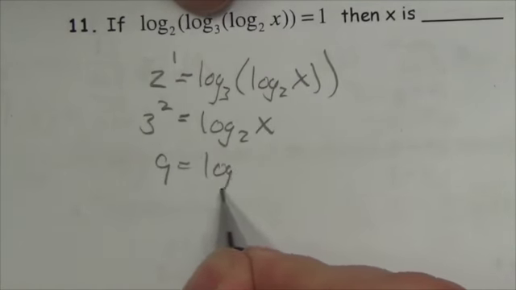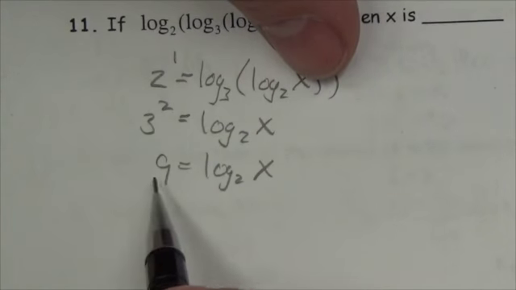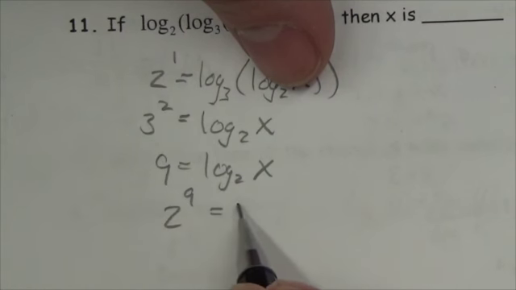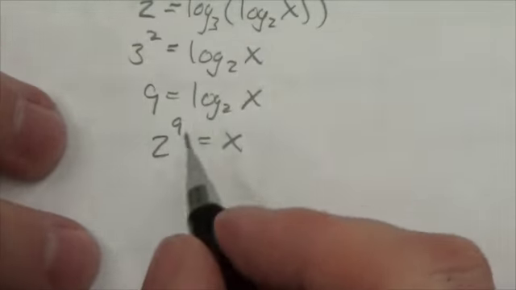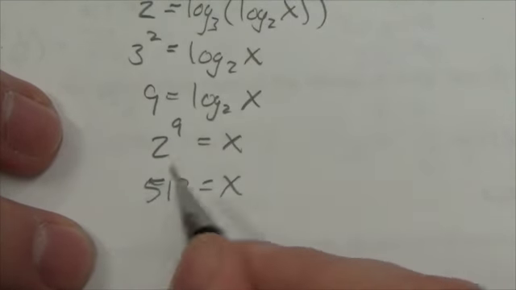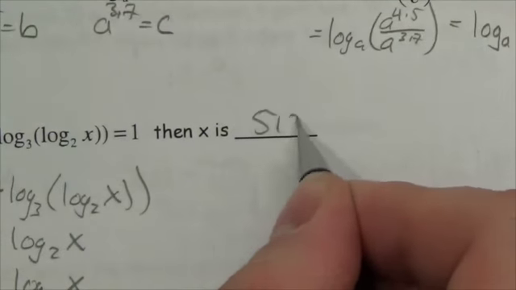Let's just write it like that so it's a little bit easier to work with. And now log base 2 of x is equal to 9. Convert that to exponential form means 2 to the 9 is equal to x. And we've already worked with these values before. 2 to the 9 is going to be 512. So there we go. The value of x up here is 512.